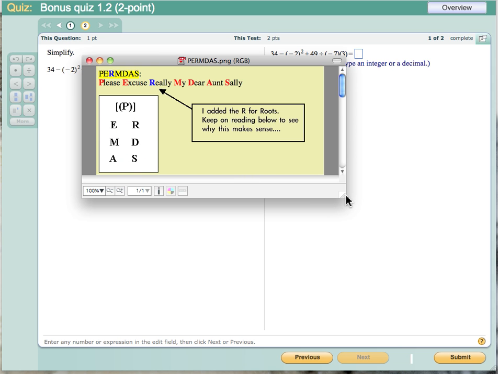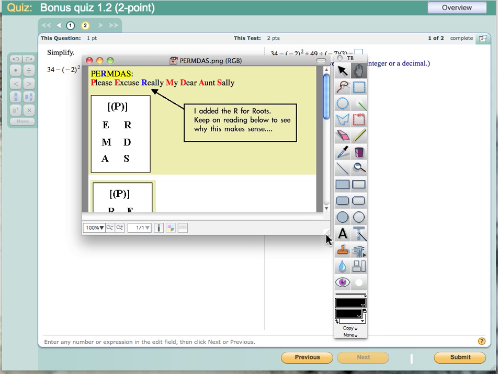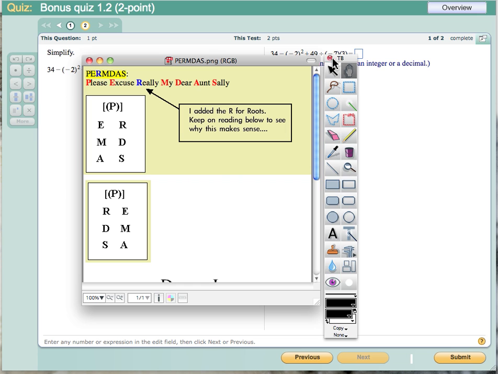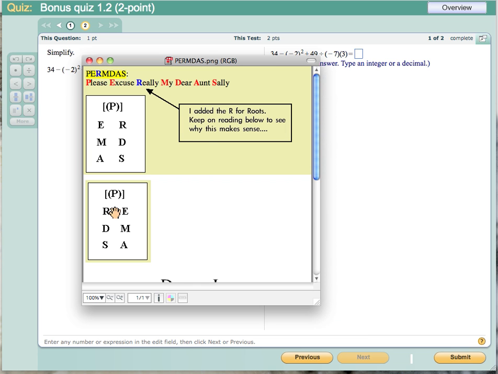And one other point about that bilateral symmetry is that it's not in this particular order. I could have reversed these and put the R in front of the E, so please really excuse instead of please excuse really. And the idea there is that subtraction does not precede addition, and addition does not precede subtraction.